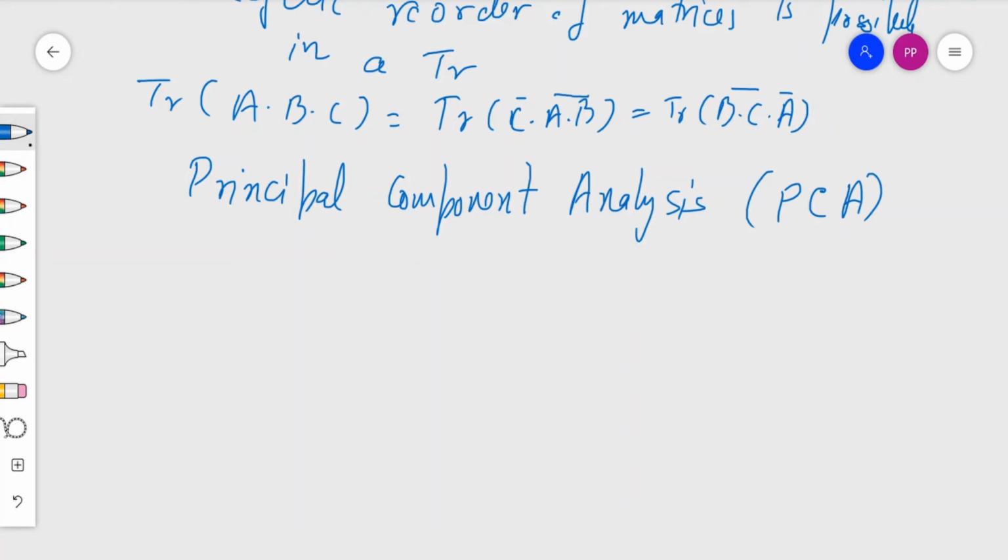So principal component analysis is basically an application of linear algebra to machine learning algorithms.